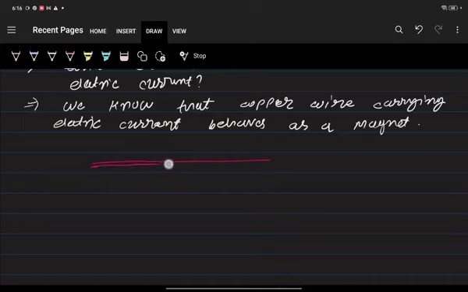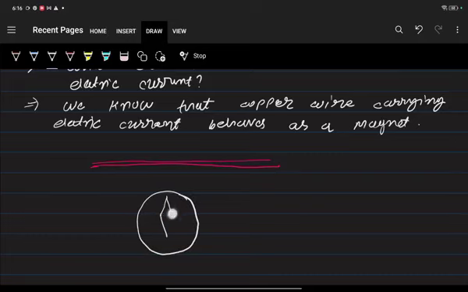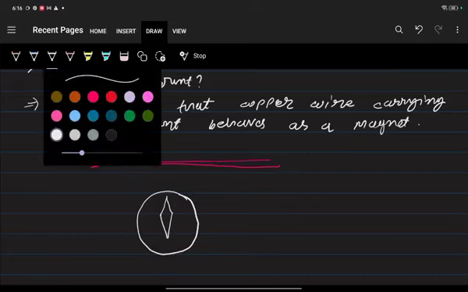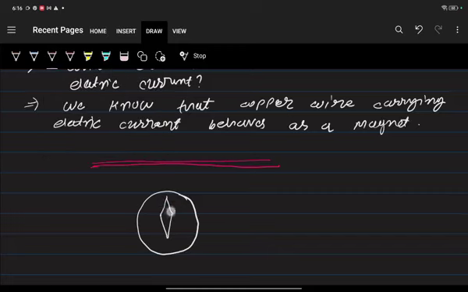There was a compass needle near the electric wire, right? Yes, sir. So what happened when the electric current passes through this wire? The needle was deflected. Its second position was somewhat like this.